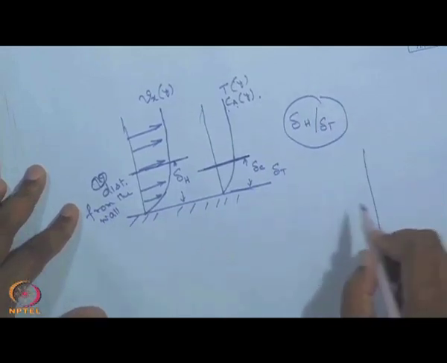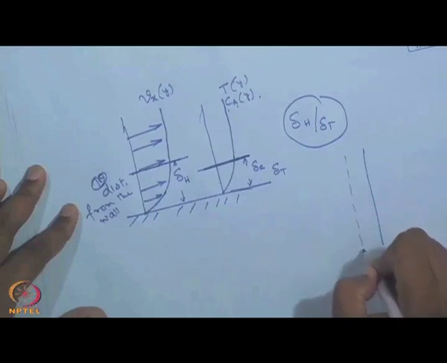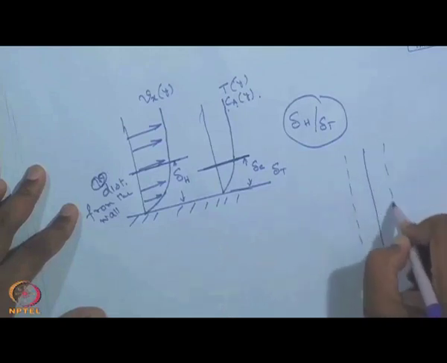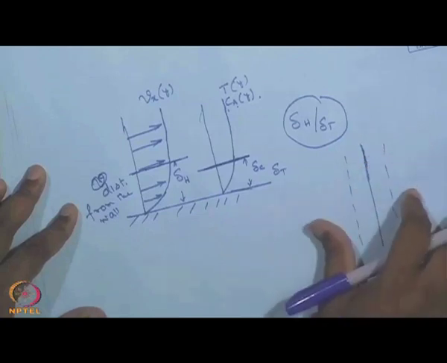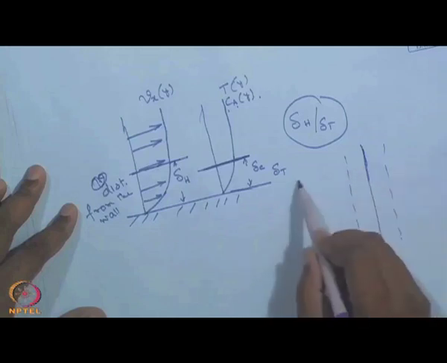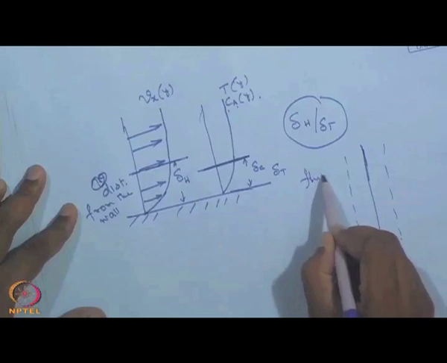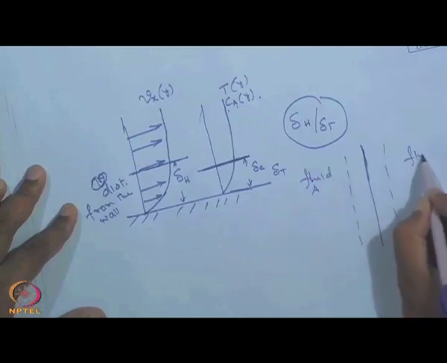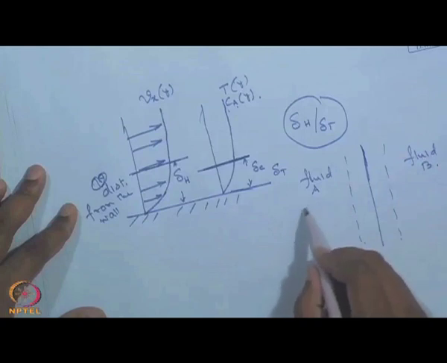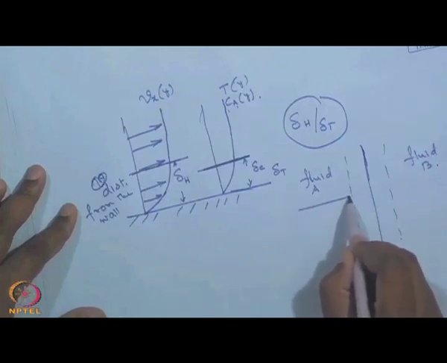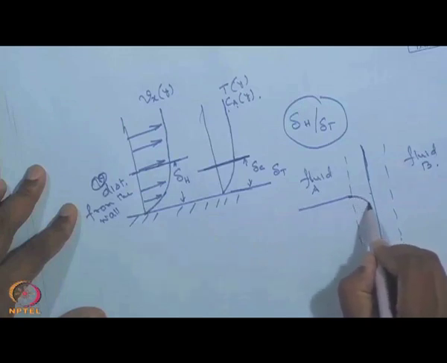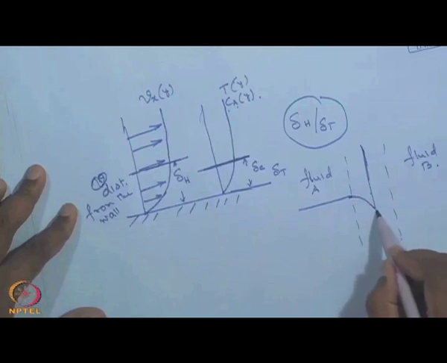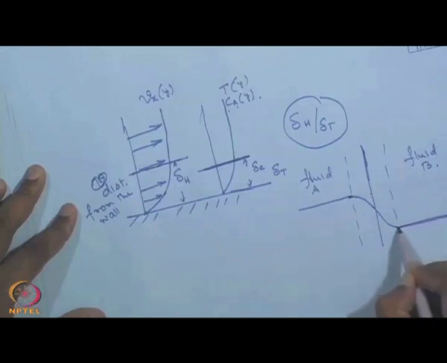So, when we talk about the species transport equations and TwoFilm models, let us say this is the interface which separates these two liquids. Here is fluid A, and over here I have fluid B, and let us say I am talking about the temperature profile which is uniform in fluid A, but in a layer very close to the surface the temperature falls, and over here the temperature again decreases until ultimately it becomes a constant.